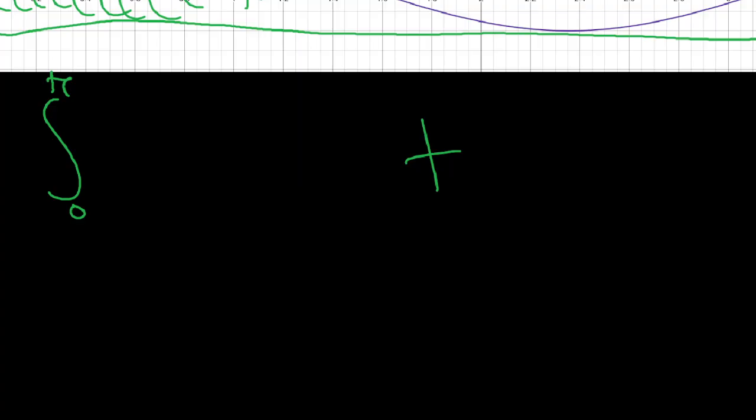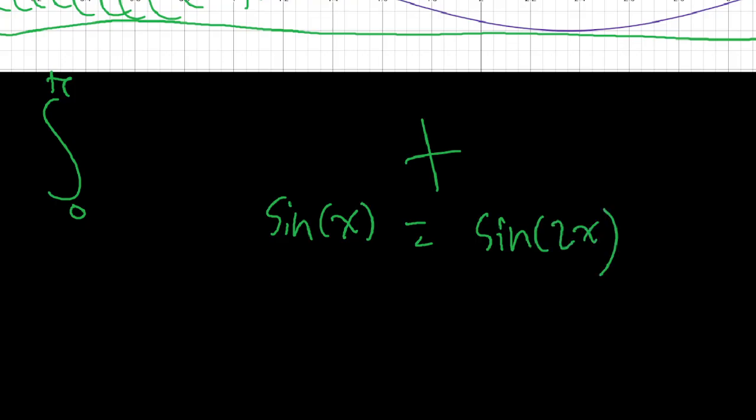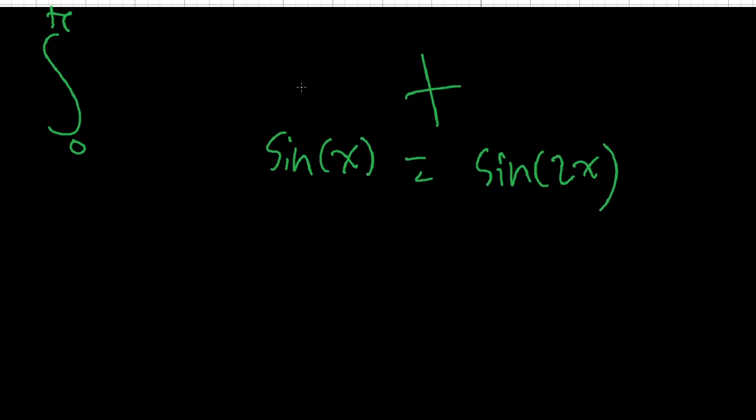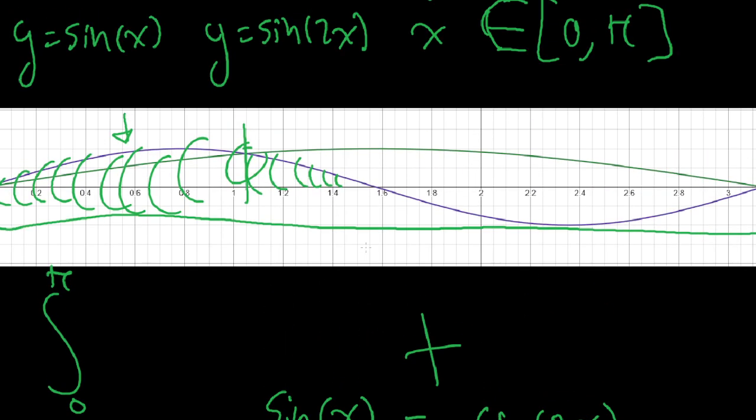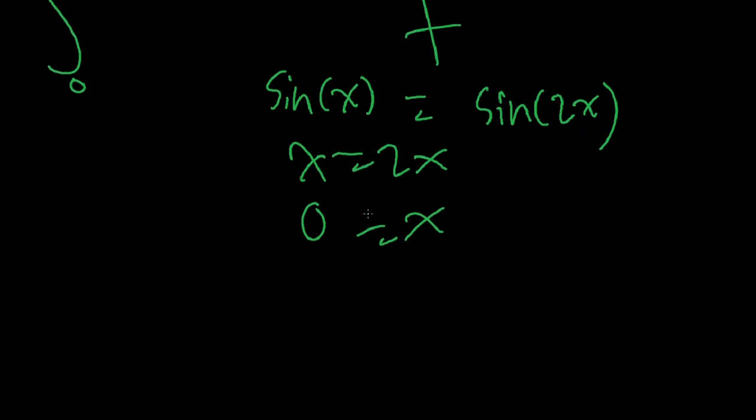To do that, I'm just going to simply set sine of x equal to sine of 2x. By using the arcsine function, I would just get x equals 2x, and then x equals 2, which would not make sense. All you have to do is subtract, 0 equals x, which doesn't make sense.